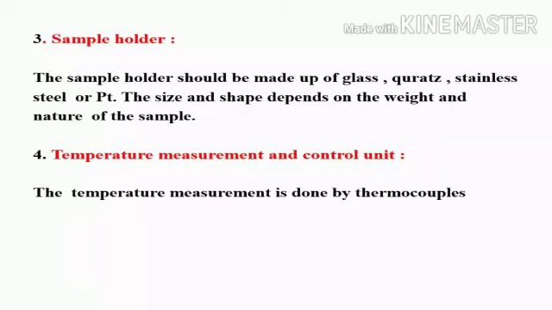The temperature measurement is done by thermocouples. It is placed very close to the sample. The EMF generated by a thermocouple when heat is recorded, and it is applied on the x-axis of the data acquisition and manipulation system, that is computer.